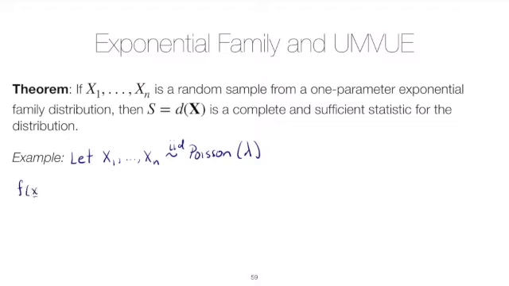So f of x, lambda is equal to e to the minus n lambda, times lambda raised to the sum of the xi's, over a product from i equals 1 up to n of each xi factorial, and then we'll have a product of indicator functions telling us that x must be either 0, 1, 2, etc., right? Potentially unbounded.